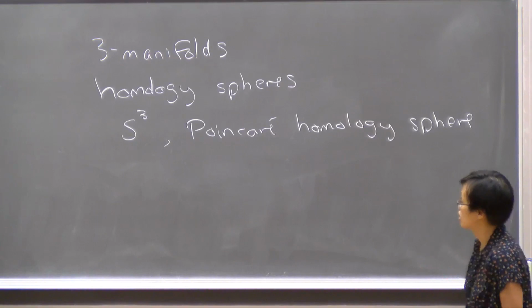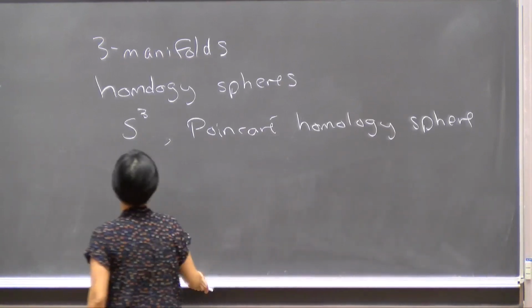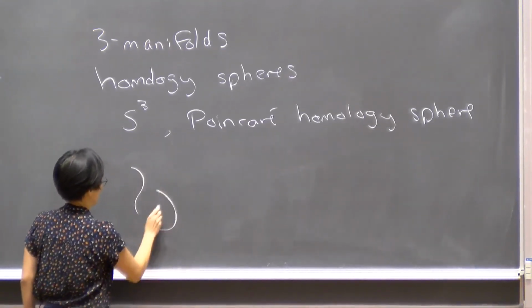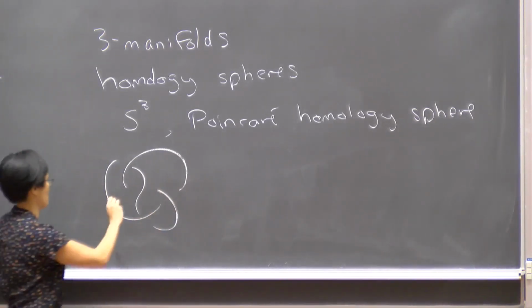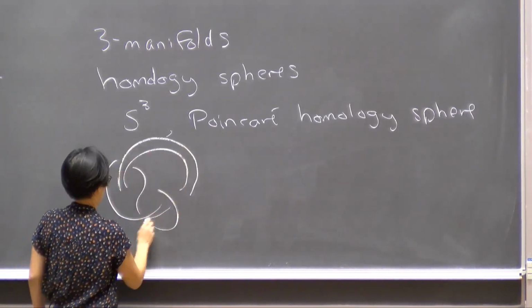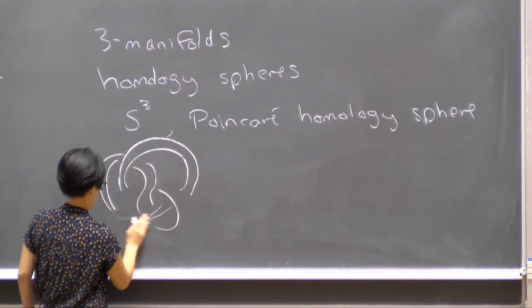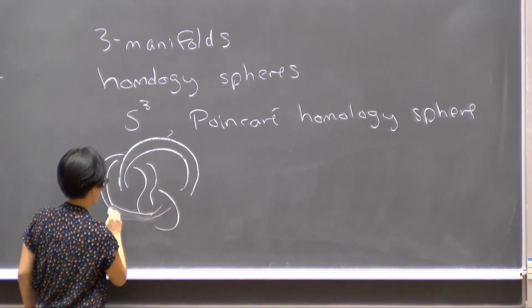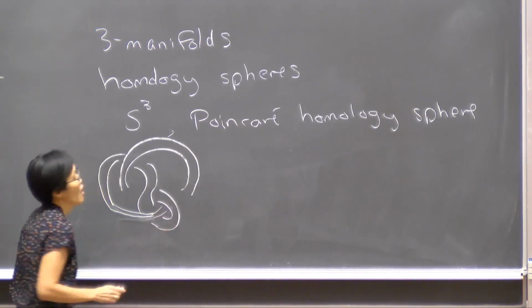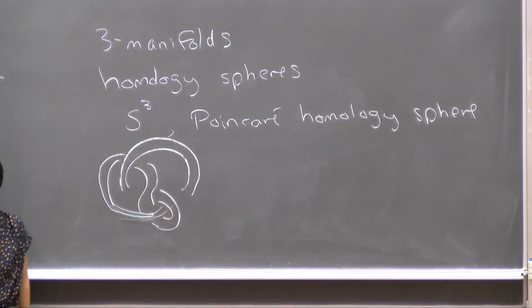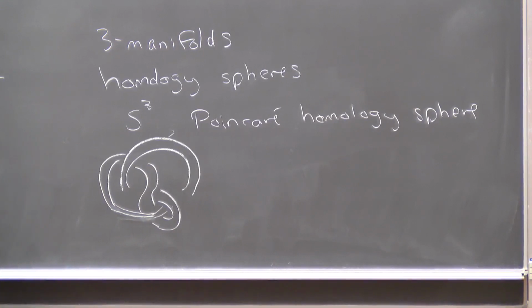What are some other homology spheres? Well, you can take a knot in S^3, and now let's remove a tubular neighborhood of that knot. So now you have a manifold whose boundary is a torus. And so now let's glue in a solid torus, but let's glue it in a different way than we cut it out.